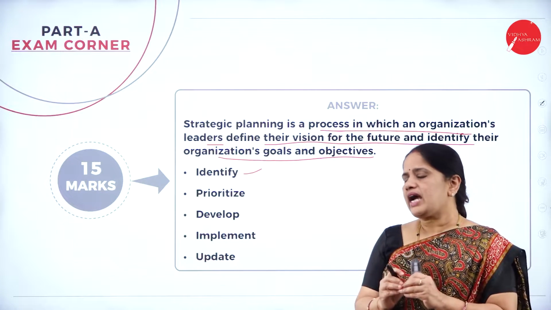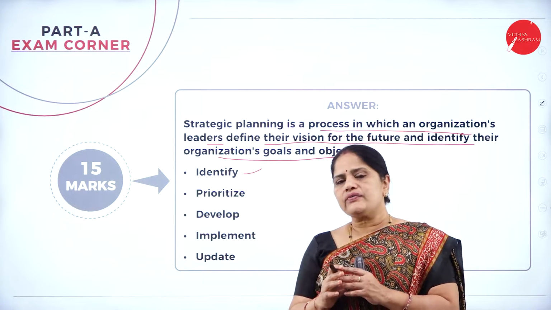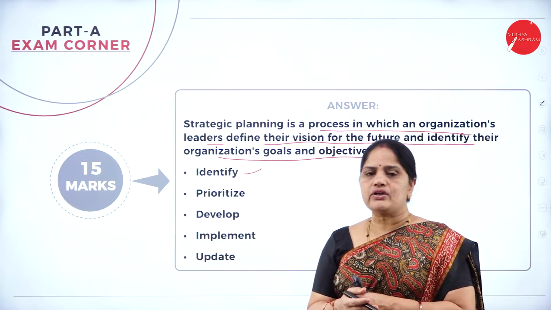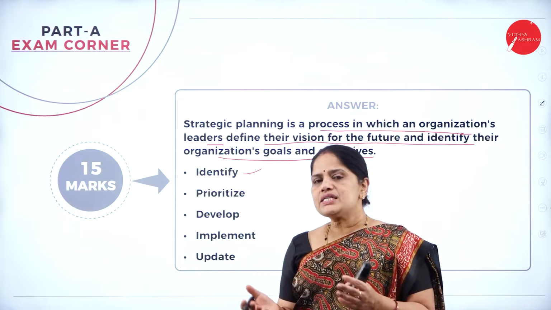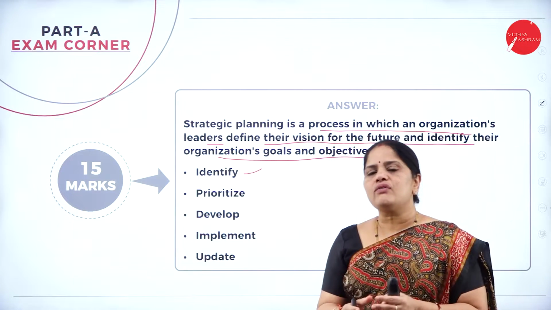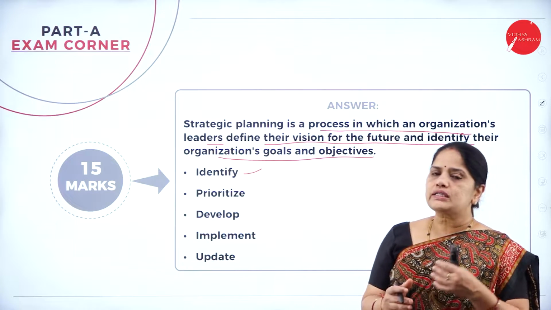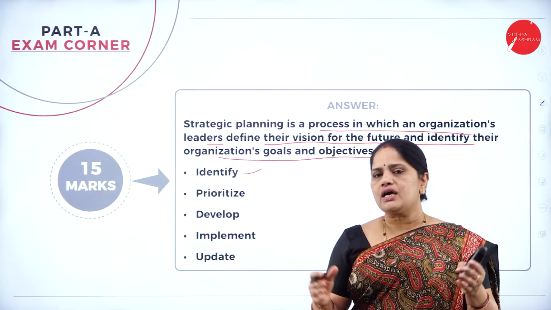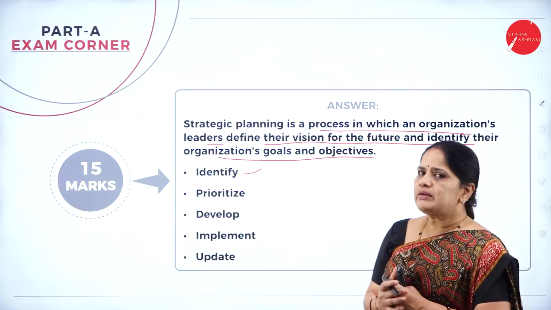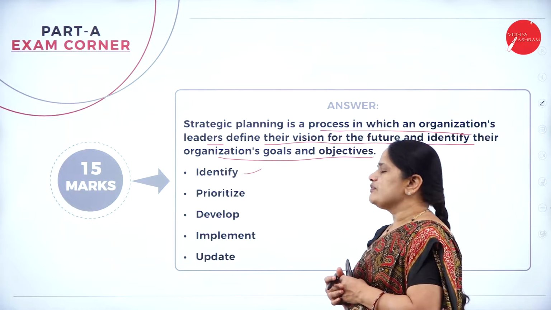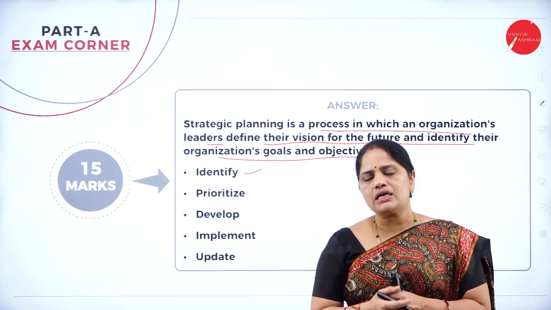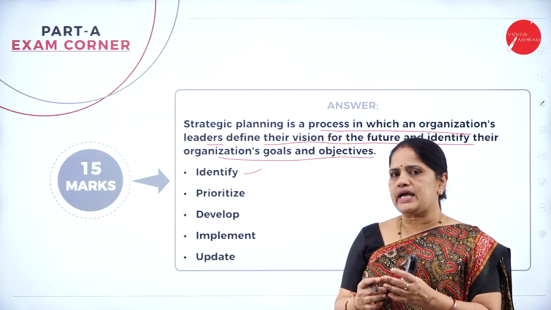We also have to study the internal environment of the business and the external environment of the business. Based on all this, and also based on the market research data that is collected, and the customers' feedback, etc., everything will be collated together, and then we will be able to identify the goal of the organization and the objectives of the organization.